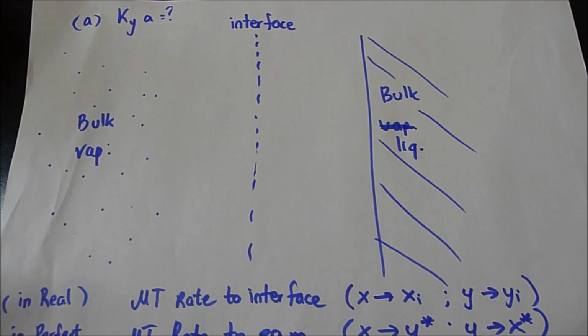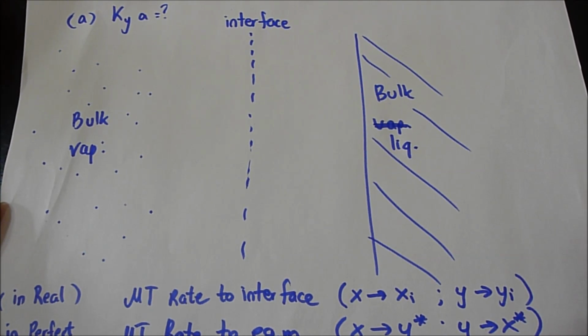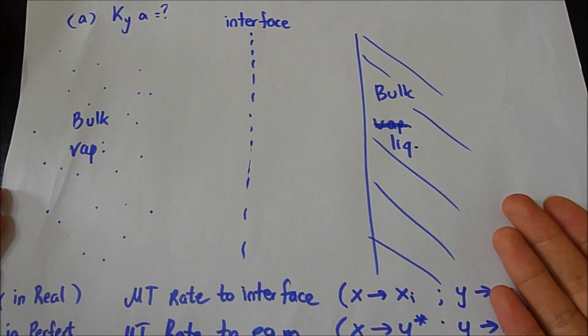So firstly, the problem statement asked us to find the big Kya. And in order to find that, we need to start from the beginning and understand what is the meaning of small k's and big k's. So first of all, we need to draw our bulk vapor and bulk liquid.